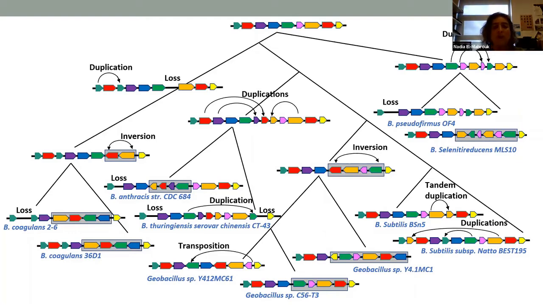We were interested in inferring the evolution of the tRNA content of 50 Bacillus genomes through various events. Here we took into account both rearrangements and gene gain and loss events. As you see, we have inversions and transpositions, which are rearrangement events, but also duplications, losses, and tandem duplications.